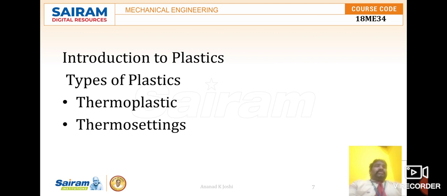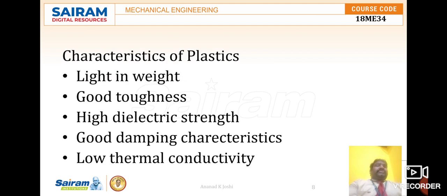In the case of thermoset plastics, they are processed by compression molding and resin transfer molding. By these two ways they are processed. Okay, in the next video we will discuss the processes in detail. Let us now look at the characteristics of plastics.